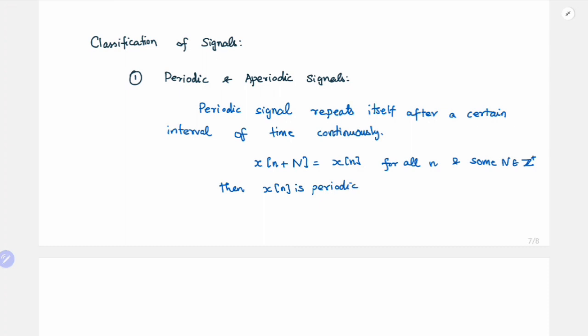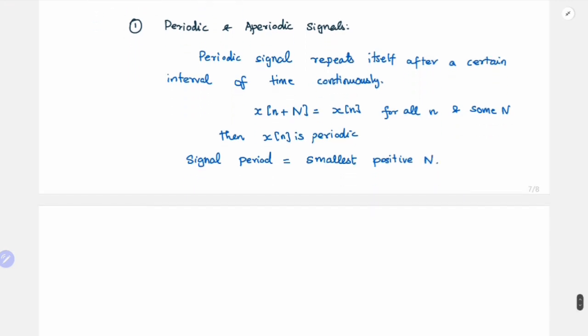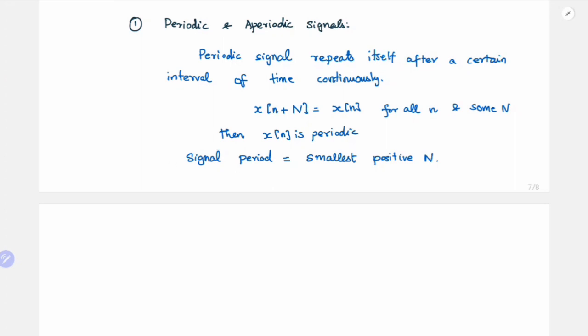It can actually be any N, so we are not constraining, but for defining the time period or the signal period, we call it the smallest positive N such that this is true.